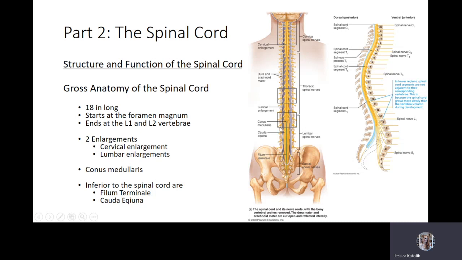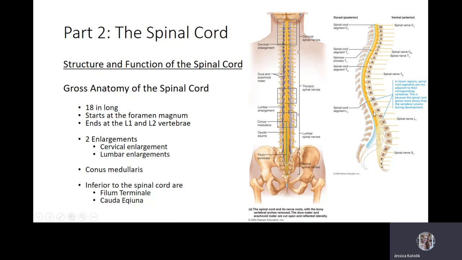It will create this almost fan-like or hair-like structure, and the name of this structure is the cauda equina. Equina comes from equine, and in Latin that means horse, and we learned that cauda means tail. So this fan-like structure of spinal nerves is called the cauda equina, the horse's tail.